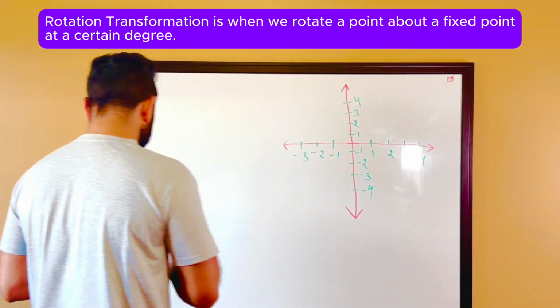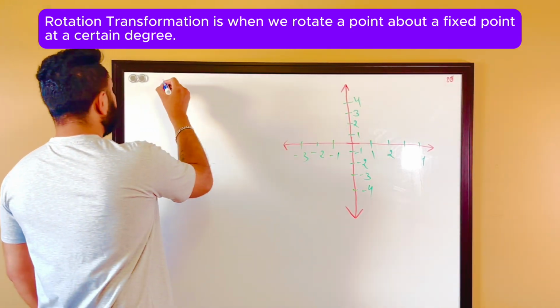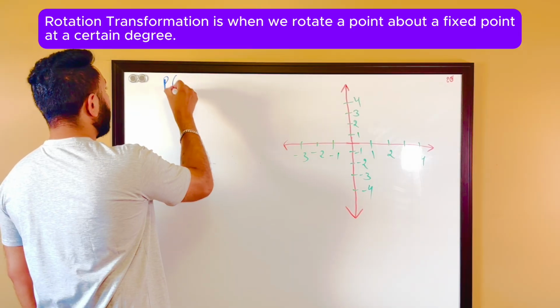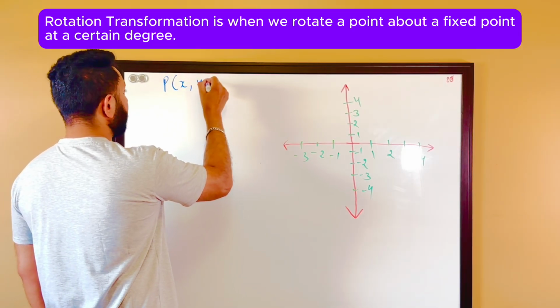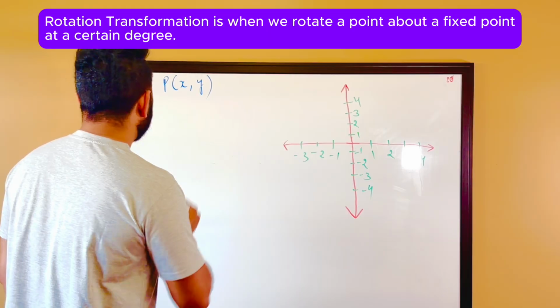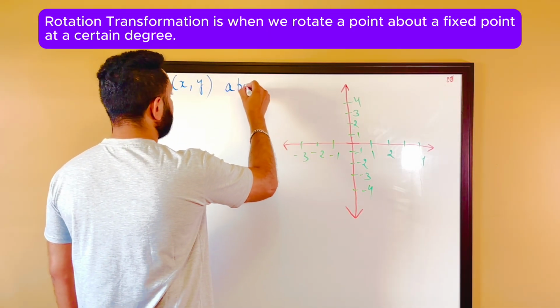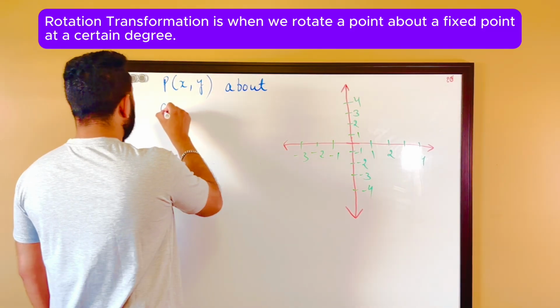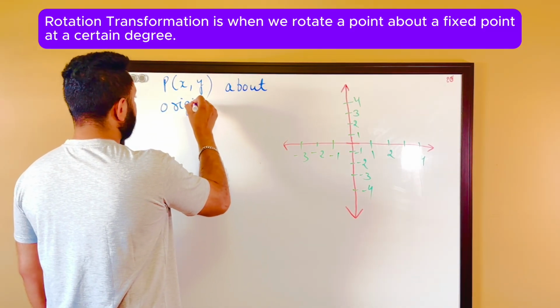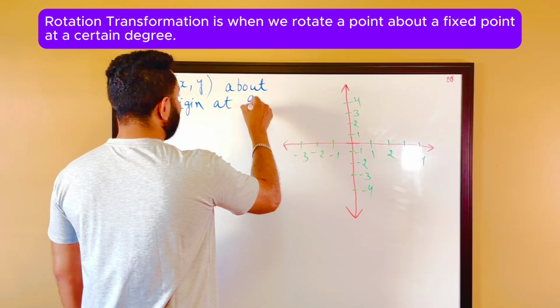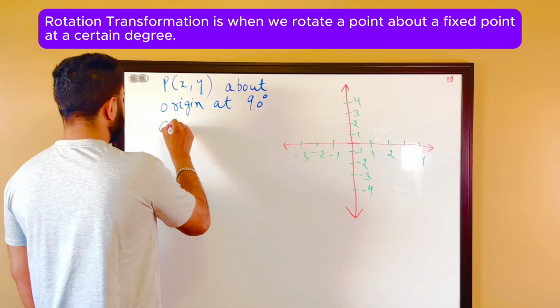So let's say P is the point and X and Y are the two coordinates, and we have to rotate this point about an origin at 90-degree counterclockwise.